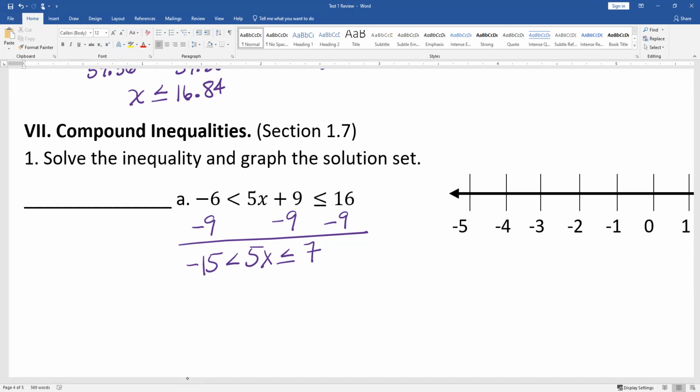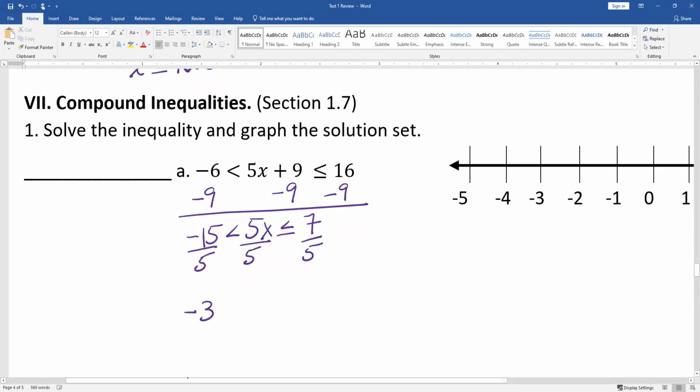All right, so last step. Yep, divide all parts by 5. And we end up with x is greater than negative 3, but less than or equal to 7/5.